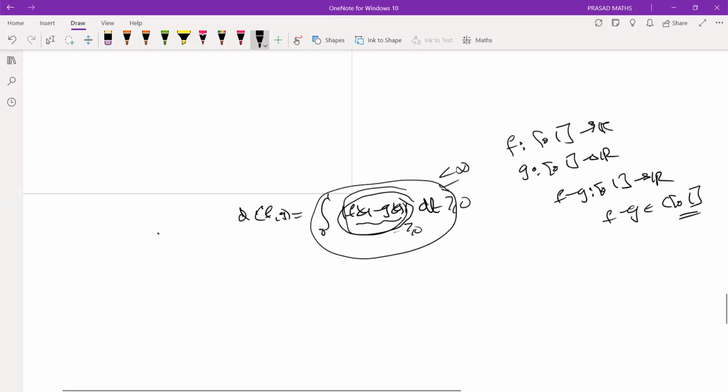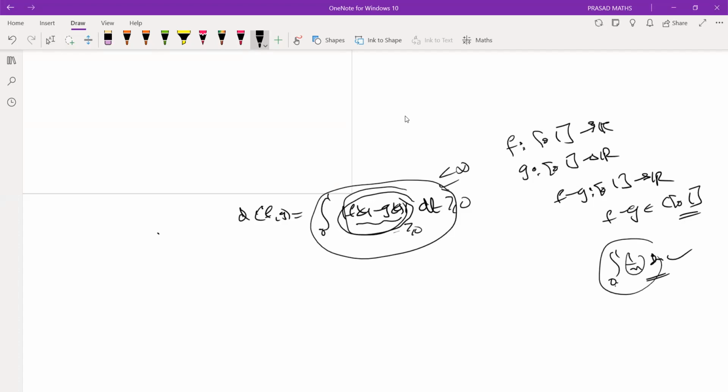Put it in the chat box. Is the first step clear? Due to continuity, it is Riemann integrable. Therefore, this integral is meaningful. The integral may not be defined for all functions. For example, if you take 1 by x, the Riemann integral does not exist, because the function is not bounded at 0 over the closed interval [0, 1].